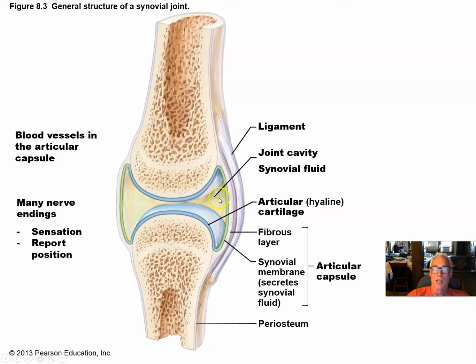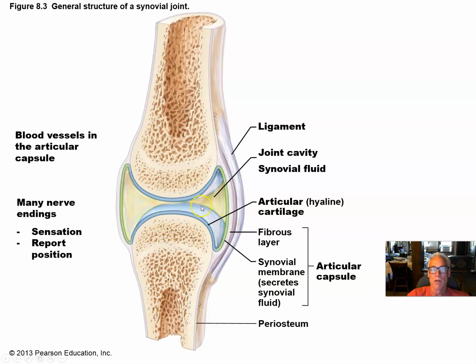Incidentally, the synovial fluid also is part of what feeds the articular cartilage, the hyaline cartilage here. As you may remember, cartilage is avascular, and so the synovial fluid is constantly being made fresh by the synovial membrane. It flows out into the joint, and as we work, our muscles work to move the skeleton around.